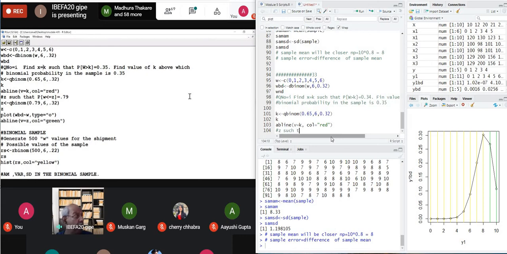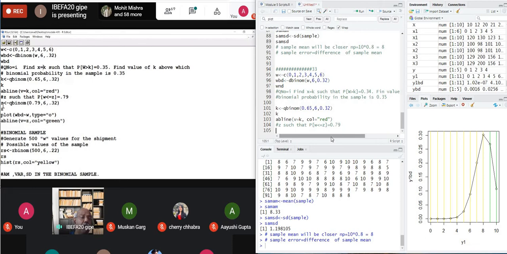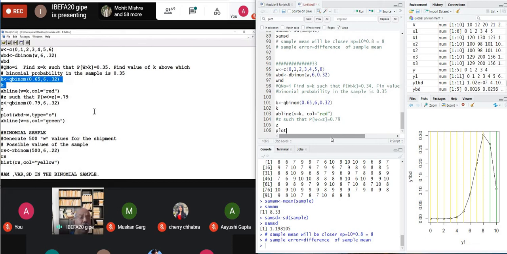Probability from the minimum to the cutoff point is 0.65. Find k, so the reverse way. So far pbinom and dbinom we have used for probability evaluation. Now this is the reverse way: given the cumulative probabilities, find the cutoff value.